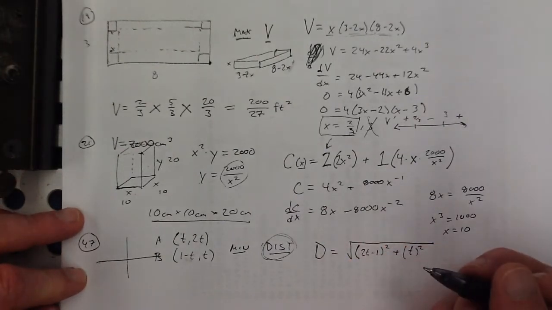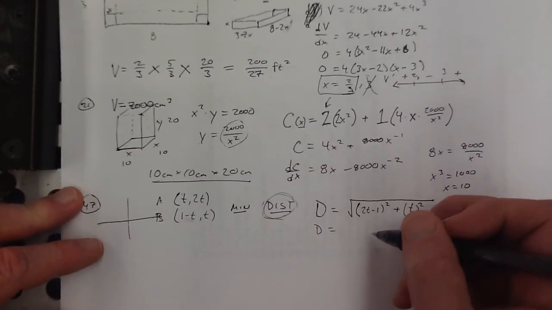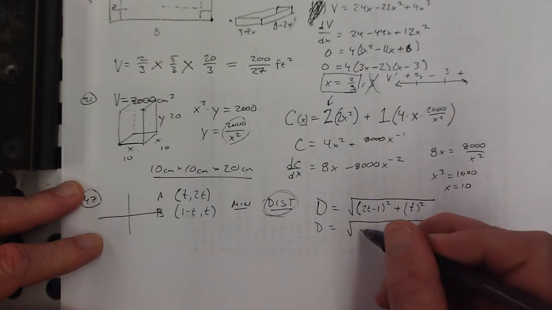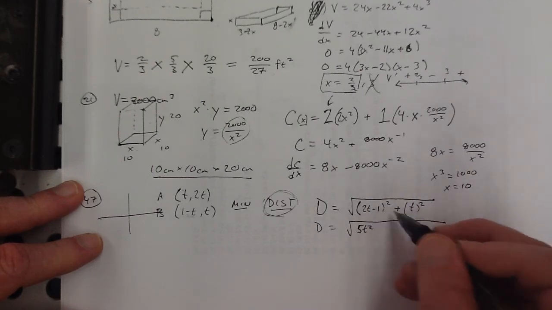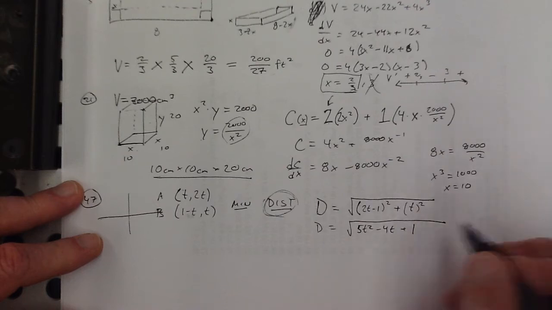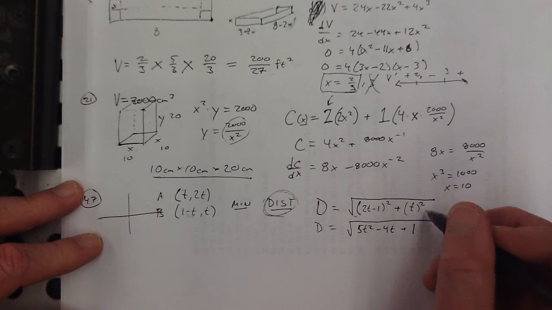And then how about we just do a quick round of simplifying here. That's 4t squared plus t squared is 5t squared minus 4t plus 1. And for calculus purposes, think of that as all being to the 1/2.